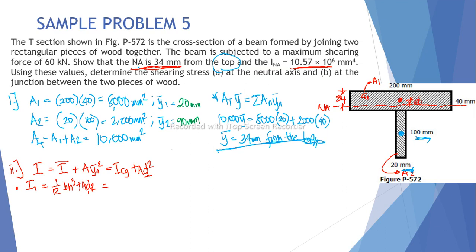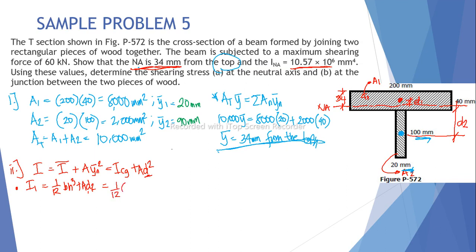So this is d1. And d2, for area 2, is the distance from the centroid of area 2 to the neutral axis. So this is d2. Okay, let's start with d1.